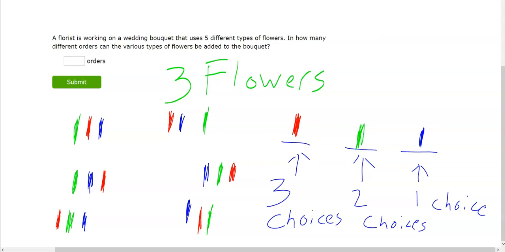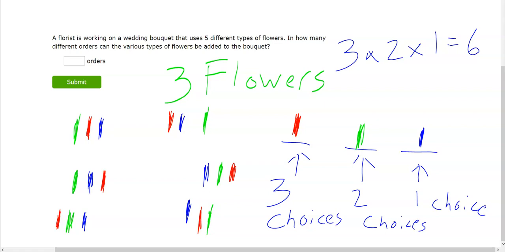And remember, from our counting principles, if we take the possible options for each choice and multiply them all together, we'll get the total number of possible combinations. I have 3 choices for my first one, times 2 choices for my second one, times 1 choice for my last one. 3 times 2 is 6, 6 times 1 is 6, which is the same number we get here.